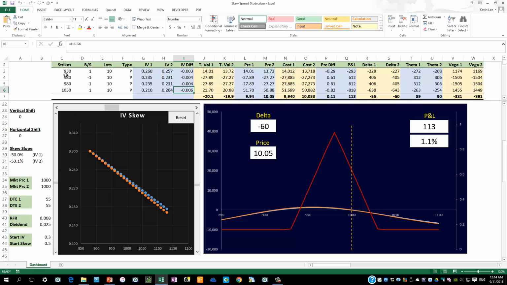So the 980 short strike is the closest to the market price. Therefore, no surprise that the time value of the short strikes is the highest compared to the two long legs. Therefore, these are the dominant legs for this position from a time value perspective, from a Vega effect perspective.